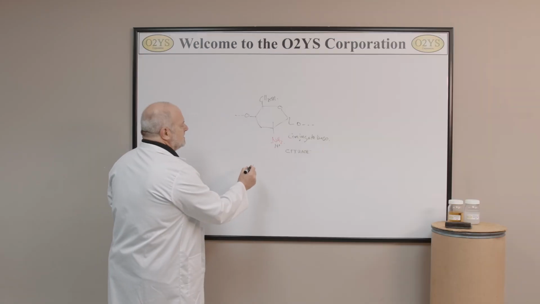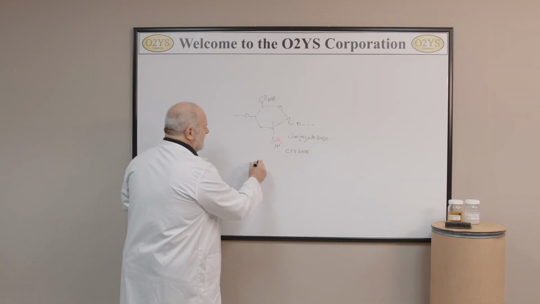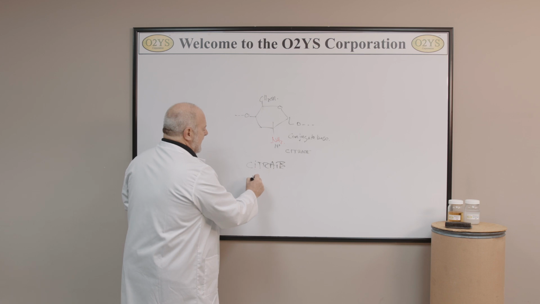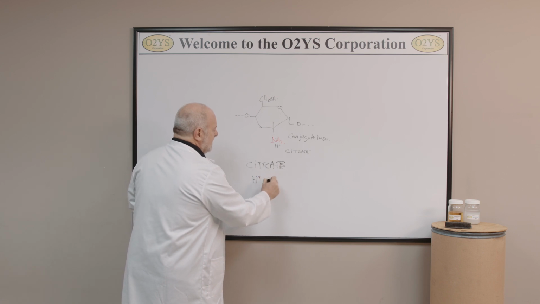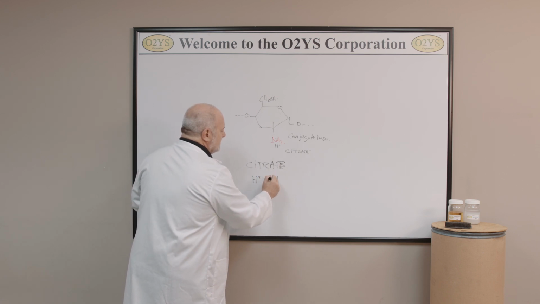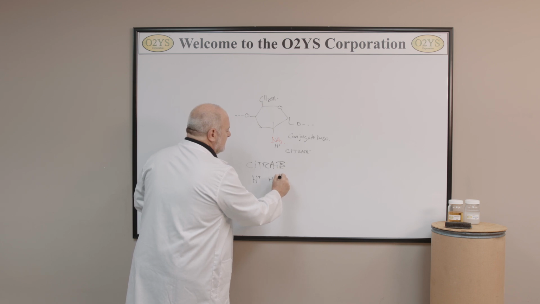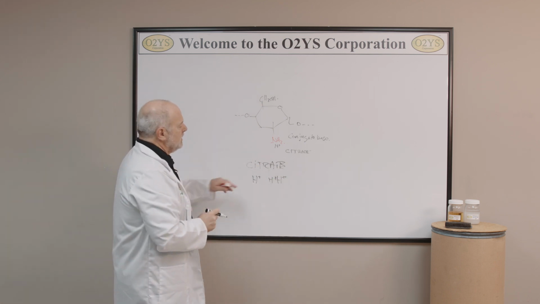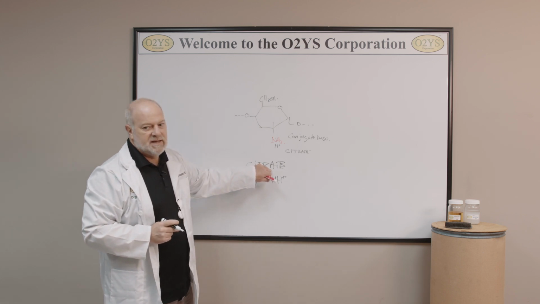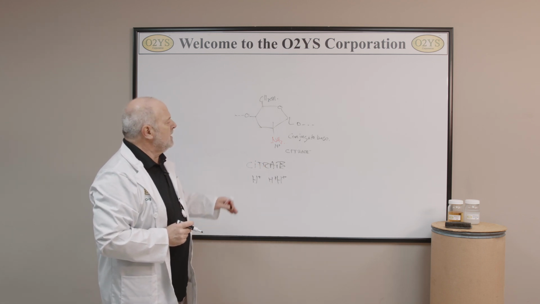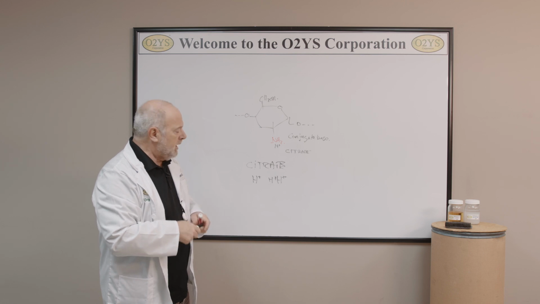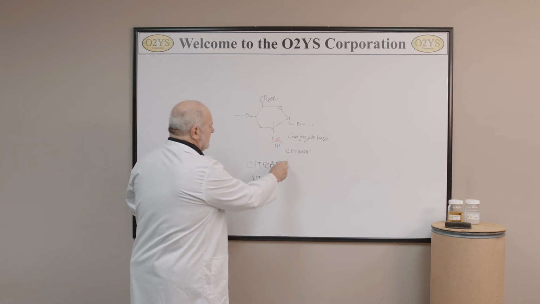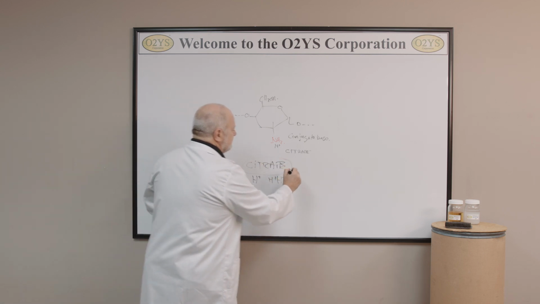So the citrate ion actually can carry three available H pluses per molecule. And when we're adding this chitosan to our mix tanks, we're doing two basic things. One, citrate itself is a very good chelator.